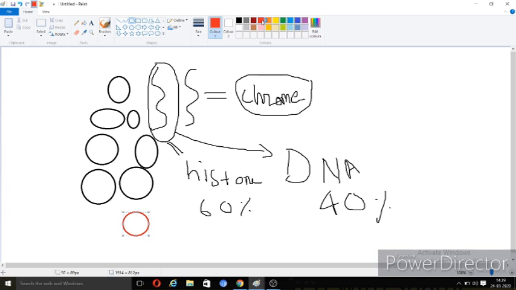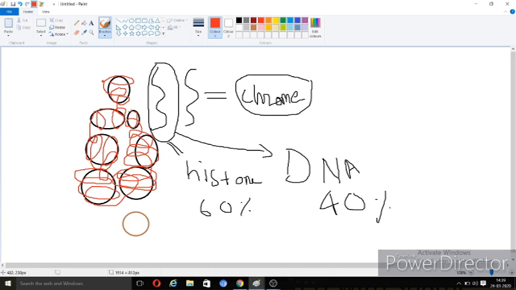The DNA will be wrapped in the histone here. And the length of this DNA is about 2 meters.